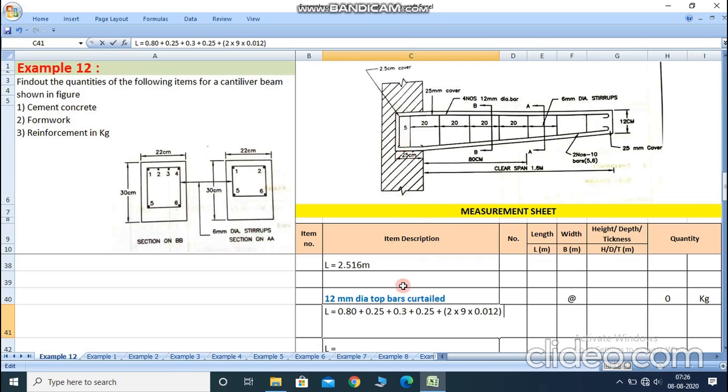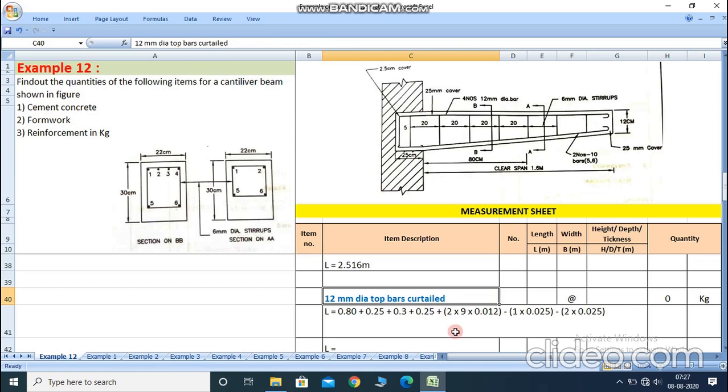So here minus, in the bracket, 1 multiplied by cover, 0.025. So already given 2.5 centimeter cover on all sides, minus 2 times top and bottom cover is provided, 0.025.